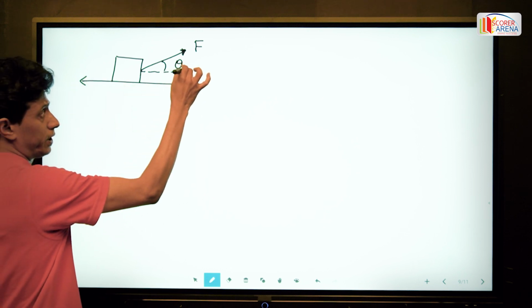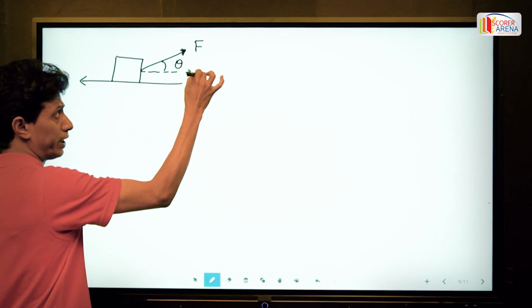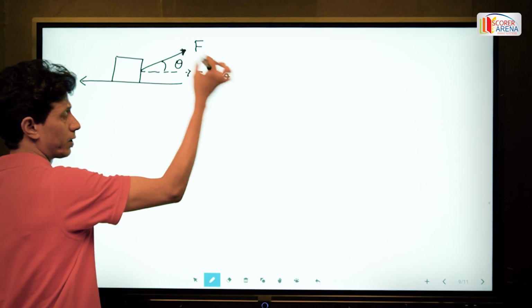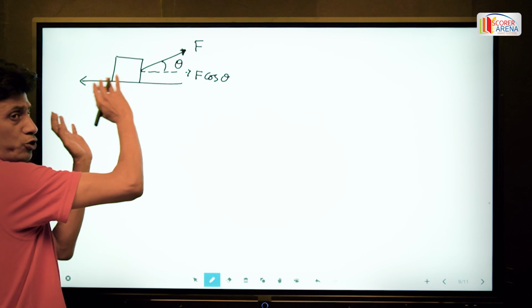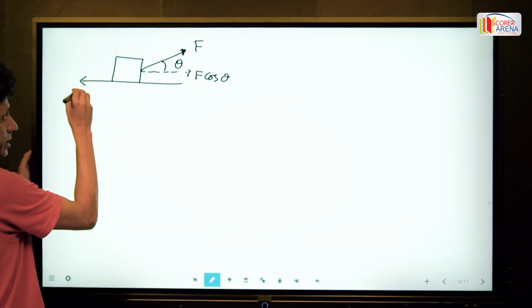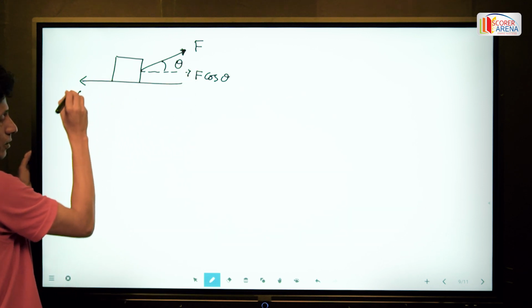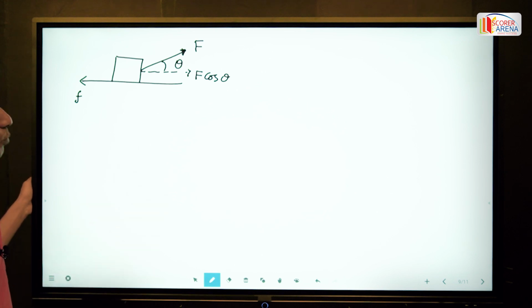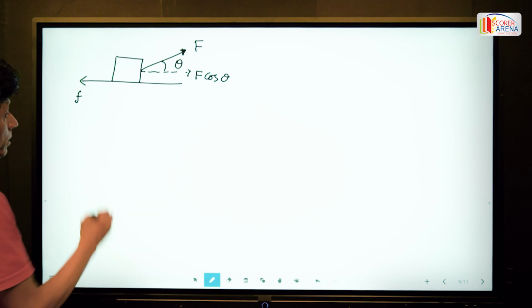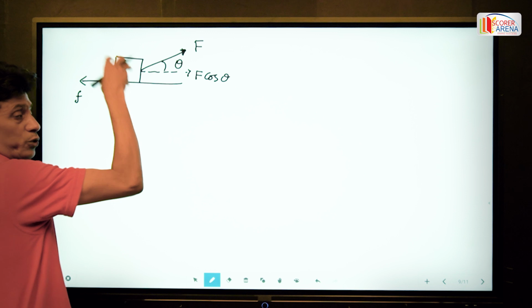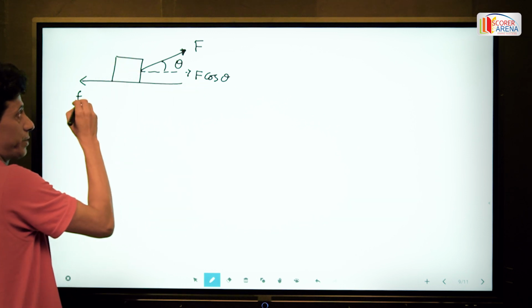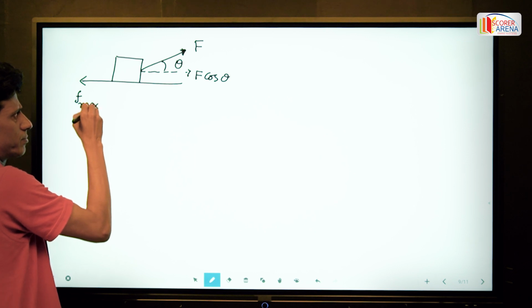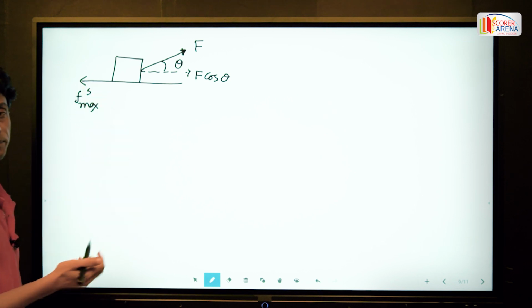Here, because of the F cos theta component, the body has the tendency to move forward and friction acts against the tendency of movement. Since the question asks for the minimum force required to move this body, this friction is maximum static friction.